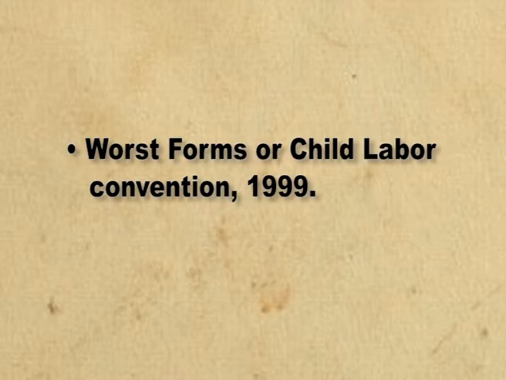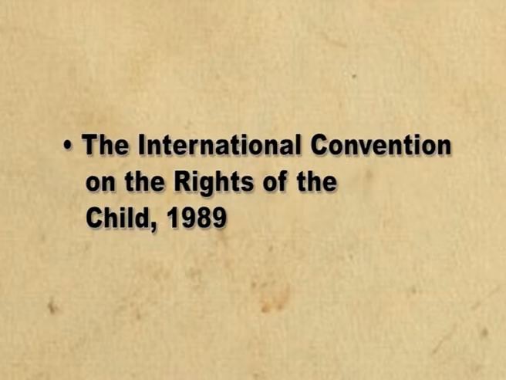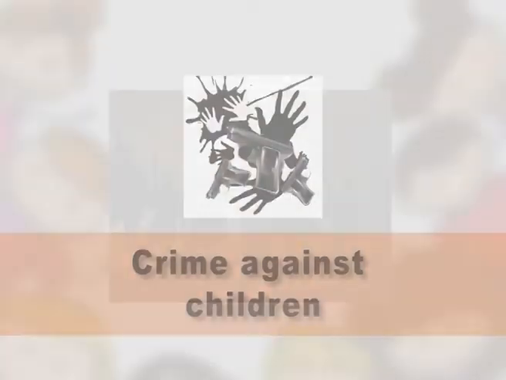Worst Forms of Child Labour Convention 1999. UNCRC, United Nations Convention on the Rights of the Child in 1992. The International Convention on the Rights of the Child 1989.